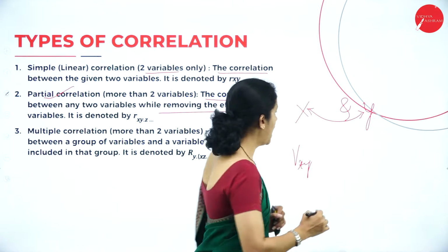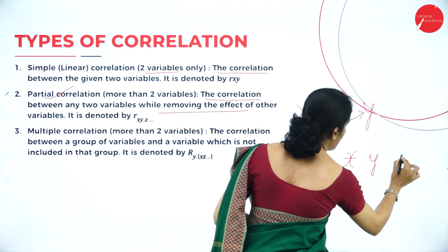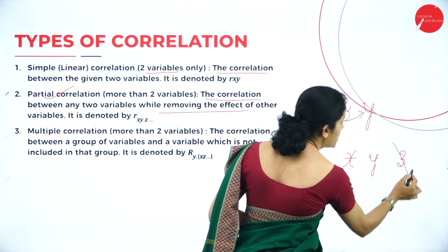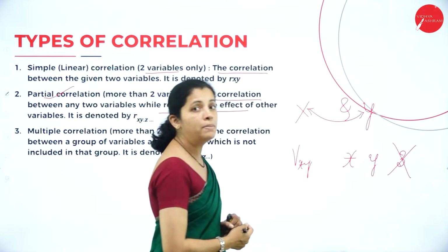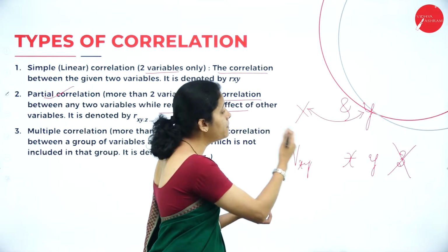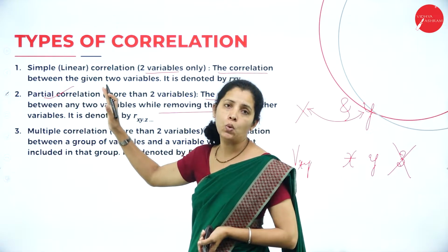Think that I have three variables, say X, Y and Z. Now suppose I remove the variable Z, how is it going to affect the remaining two variables? That is known as partial correlation.